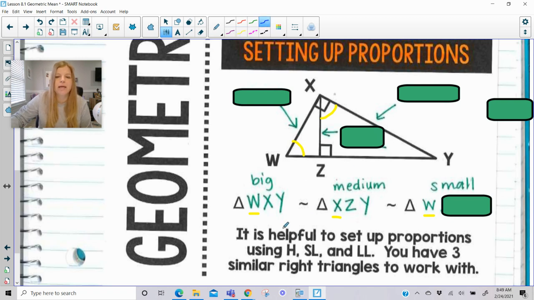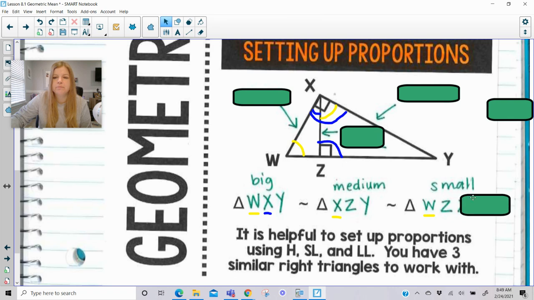Then if I was looking at angle X, the smaller angle of my right triangle, that would correspond with, in my medium-sized triangle, oh, sorry, I needed to label this whole thing. Looking at that, that would correspond with my right angle, so that's my right angle here, which also corresponds with the same angle here.